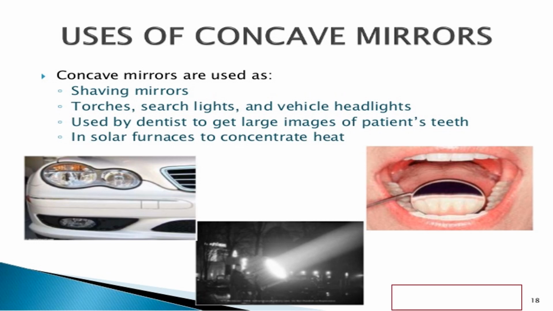As I said in the earlier sessions, to find the focal point of the concave mirror we use sunlight, and with a concave mirror we are able to burn a paper also. So to concentrate the heat in solar cookers, we can use concave mirrors.